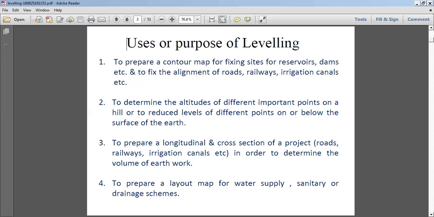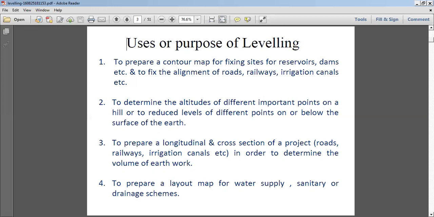Next is when we are going to construct the alignment of roads, railways, irrigation canals. So to fix the road alignment, when we start any road project between two points, we have to align that road direction so that we can decide what will be the path for the road.